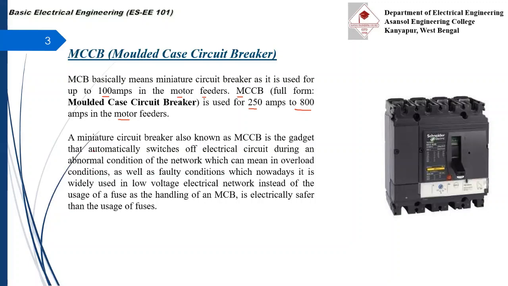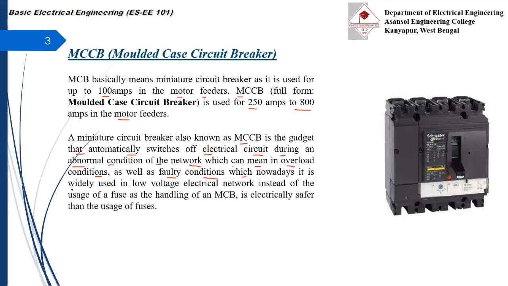A circuit breaker is the gadget that automatically switches off the electrical circuit during an abnormal condition of the network, which can mean overload conditions as well as faulty conditions.